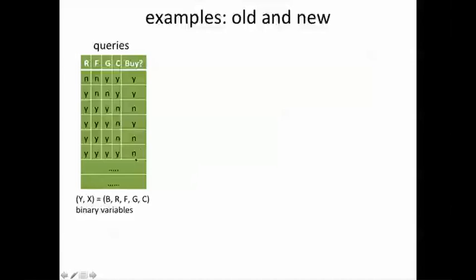So our x was essentially the set of query words, the y was whether or not one buys, and so we have y comma x as our space, b, r, f, g, and c in the notation we had last time.